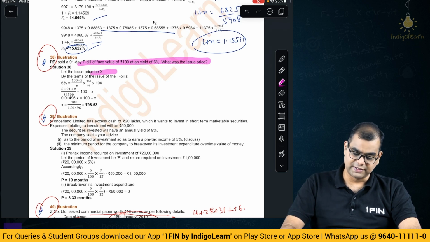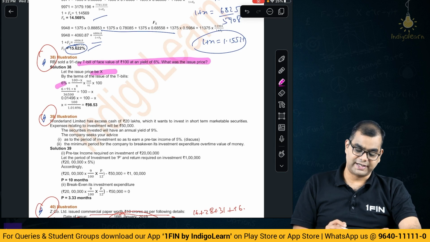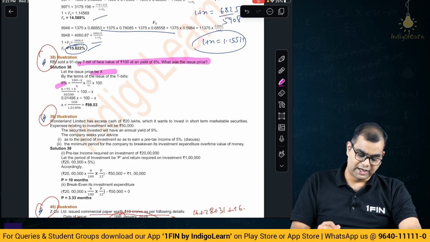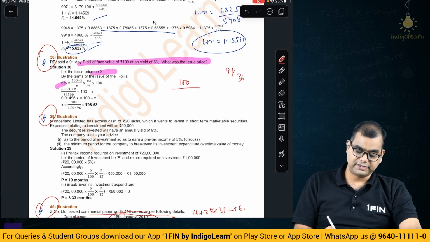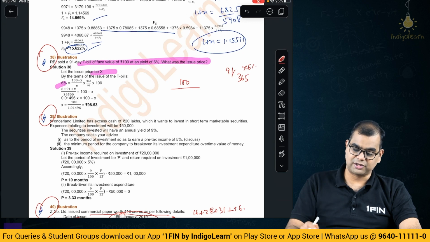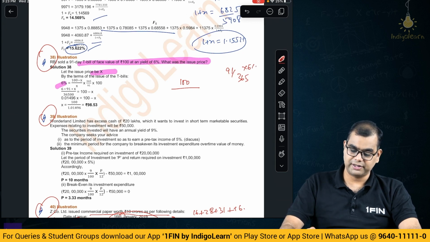So, you do the same thing like what we did in the previous problem. 6% is basically equal to 100 minus x by x into 365 by 91 into 100, or you can do it the reverse way, which is 100 divided by the 91-day T-bill at 6%, 91 by 365 into 6%, which comes to what? 91 divided by 365 into 6% is 1.495.